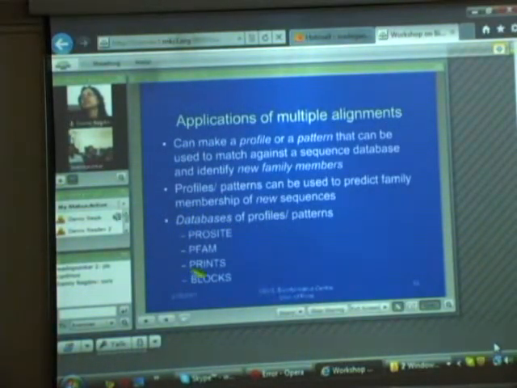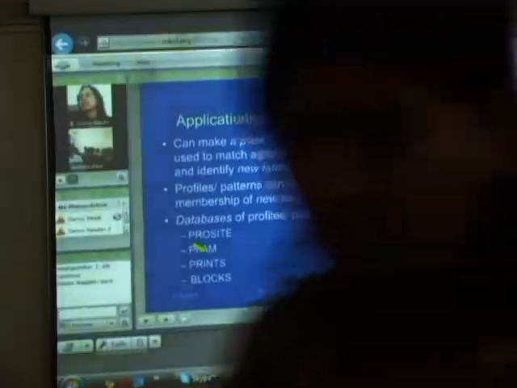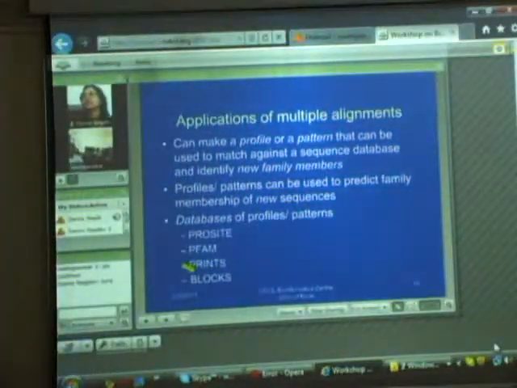The databases which contain these protein families, family profiles or patterns are, for example, ProSite and the Pfam database, which is a database of protein families, in which you again have the multiple sequence alignment. If you go to this database website and search for a particular protein family, it has a utility where it can display the multiple sequence alignments of all the members of that particular family.